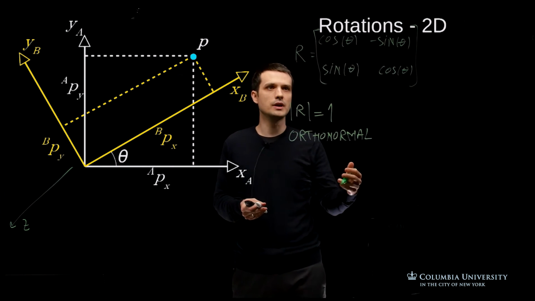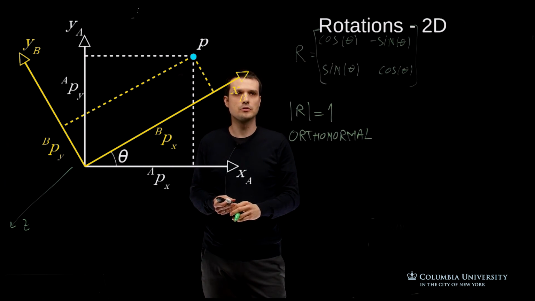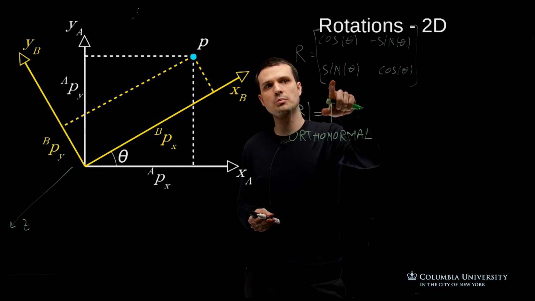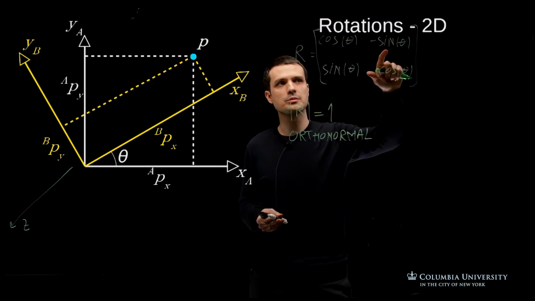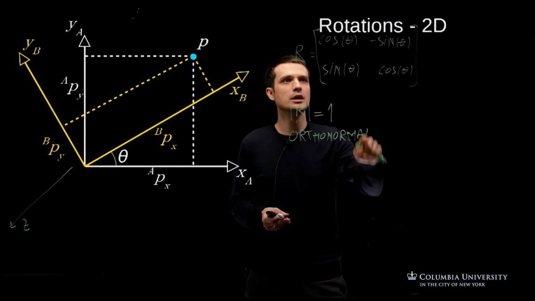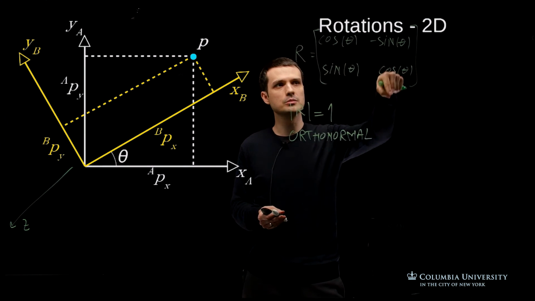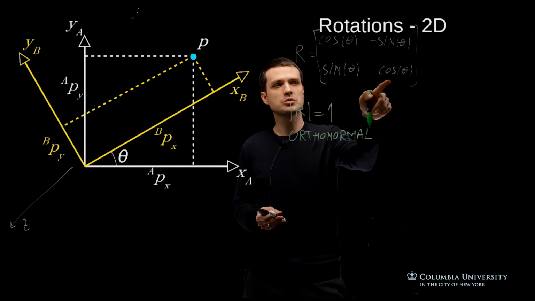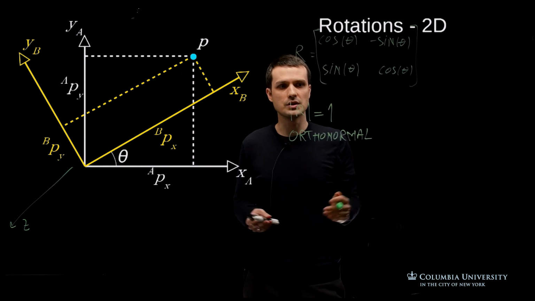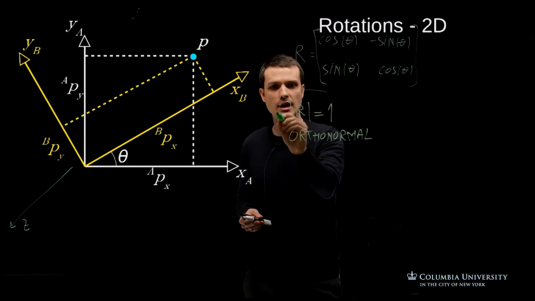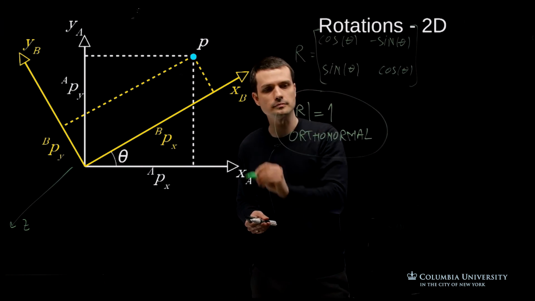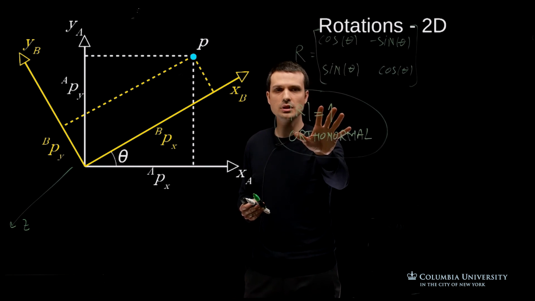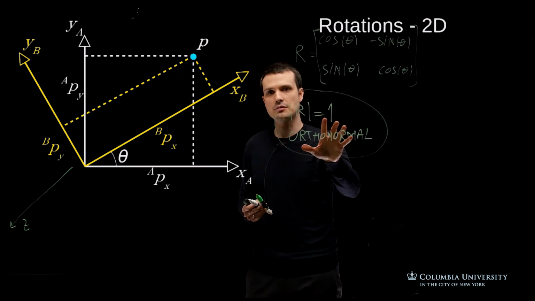The dot product of any two rows is also 0, right? And we can very easily check that. The norm of this column, cosine square plus sine square, 1. The norm of this column, sine square plus cosine square, 1. If we take the dot product of these two columns, we're going to get cosine times negative sine plus sine times cosine, cancels out, so we get 0. So these are things that you always want to remember. Whenever a matrix does not obey these rules, it cannot be a rotation matrix.